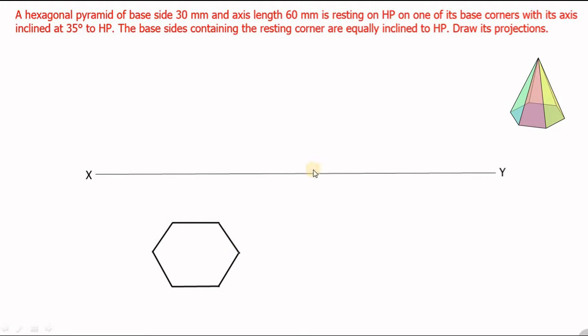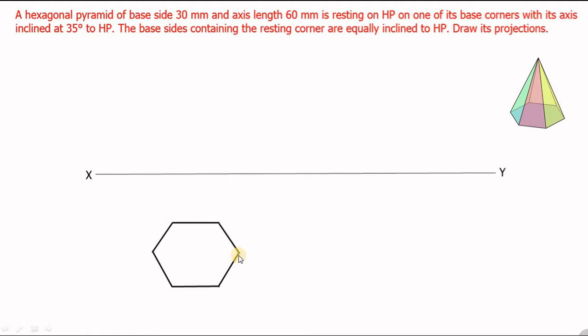Since we are going to rest on a base corner, I have kept the base corner on the right side and the left side. If you want to rest this corner, you can incline the second portion this way; if you want to rest the other corner, incline it that way. I am going to rest the right side corner.